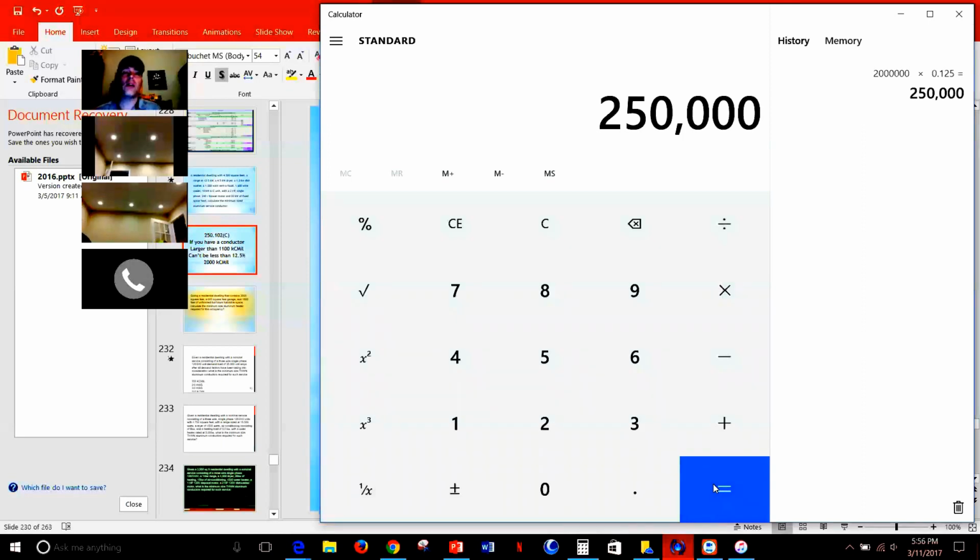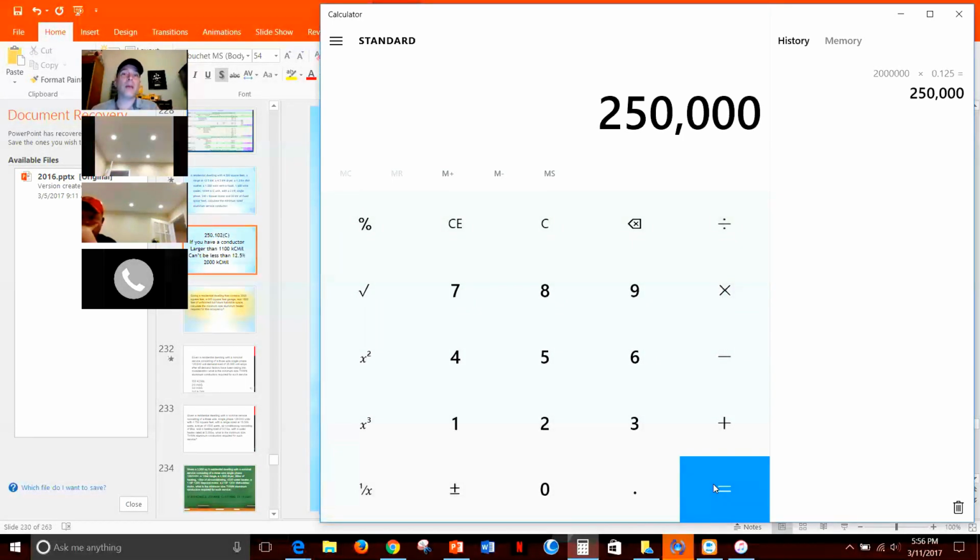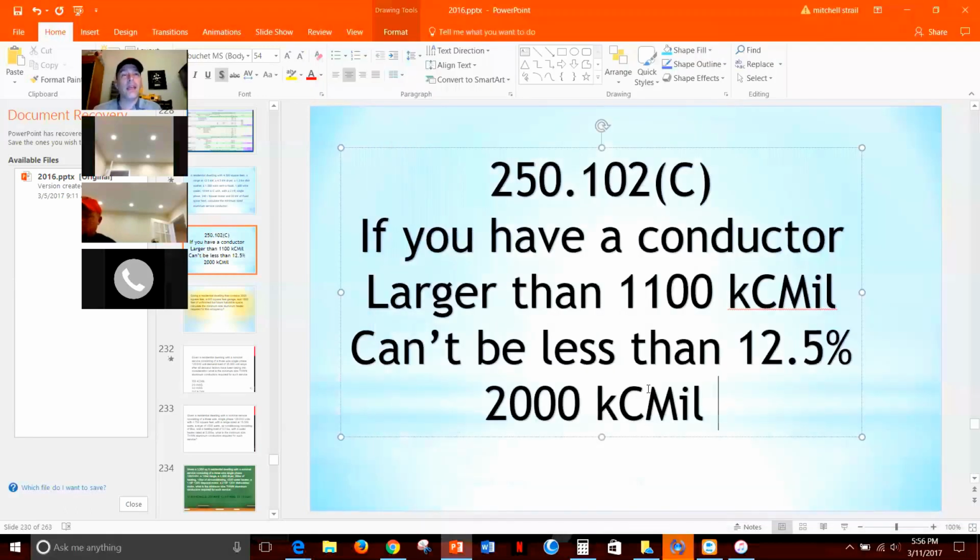All right, so the big difference is that because we were limited with that other table and people were getting it confused, sometimes guys were trying to take this 12.5% business right here and apply that to the grounding electrode conductors, not understanding that this is a neutral calculation. It's got nothing to do with the grounding electrode conductor size.